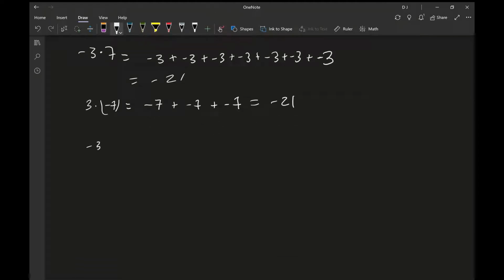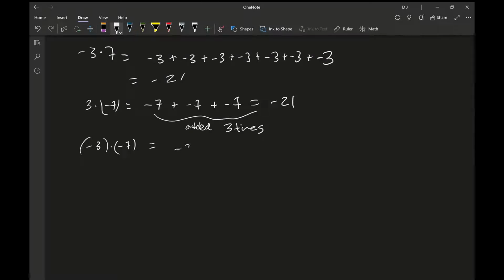So -3 times -7, maybe when we add this up 3 times, maybe we have to add this up 3 times. So instead of adding up 3 times, now we have to subtract it 3 times.